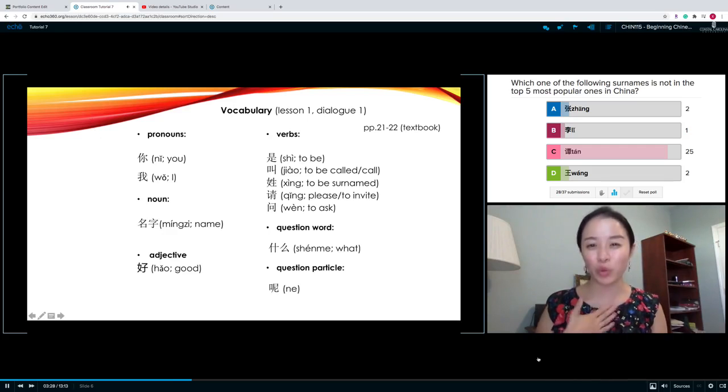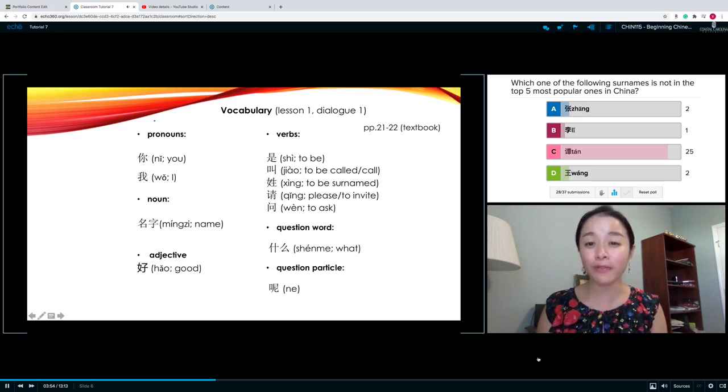And the second category is noun. We have one word in this category, 名字, name. And the third category, adjective, 好.